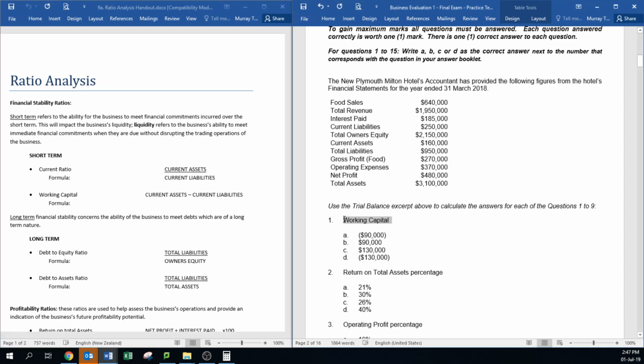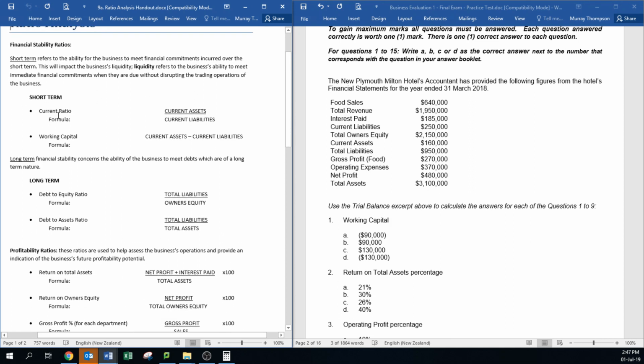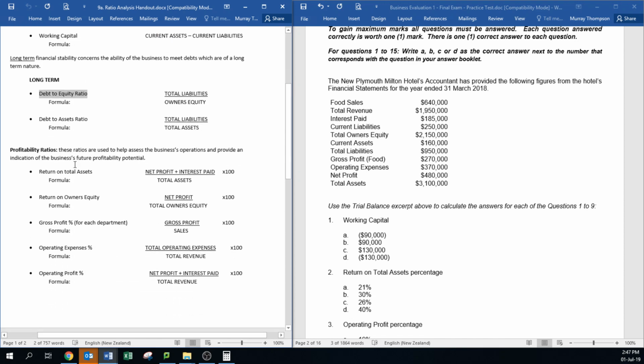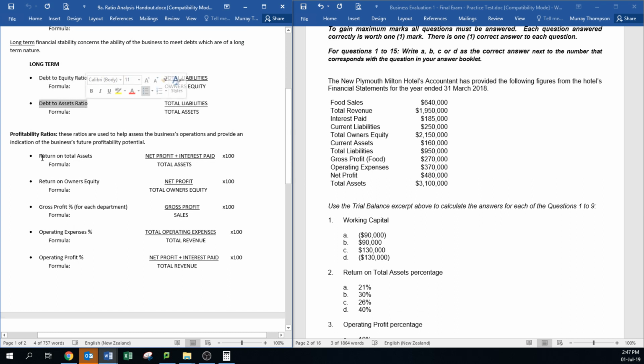So the first question is calculate the working capital. Have a look at the ratio handout. All the names of each of the formulas are down the left-hand side: the current ratio, the working capital, debt to equity ratio, debt to assets ratio, return on total assets, return on owner's equity, gross profit percentage, operating expenses percentage, operating profit percentage.